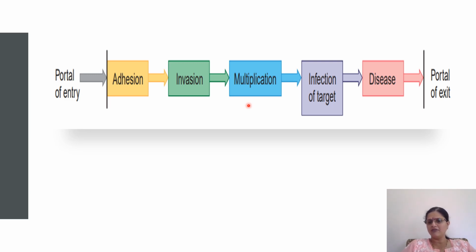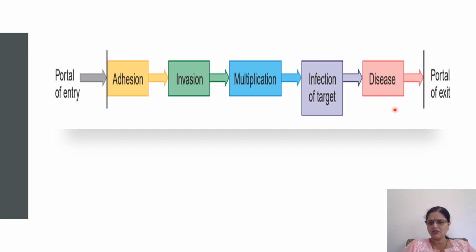And when it multiplies, at the same time it will also release different types of enzymes and toxins which are going to damage the tissues present in the body. So a particular tissue will be affected, and that is called infection of the target. And once the tissue is damaged, you are going to see the symptoms in our body, and that is when we call it disease.